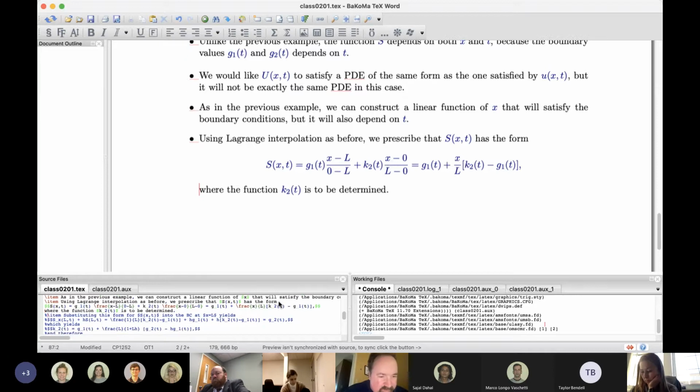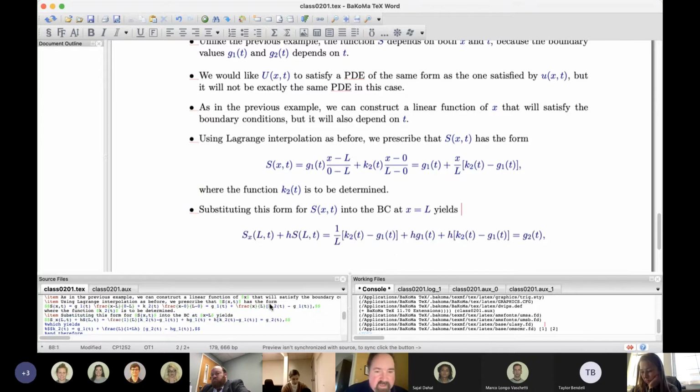So how do I do that? What I do is take this capital S and take a derivative with respect to x, which is this, plus h times the value of S at x equals L, which is this.